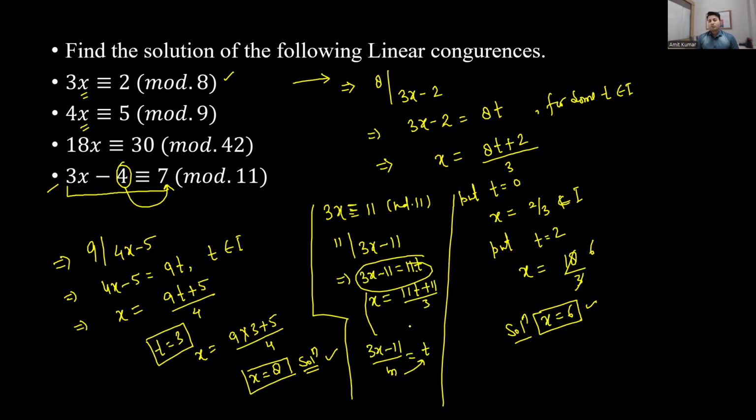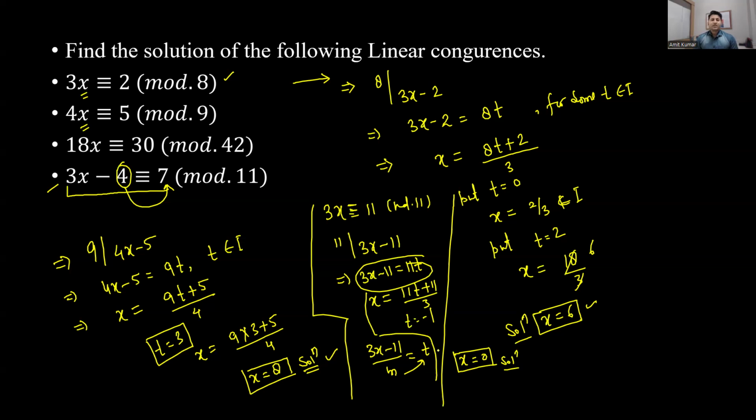We can put t as any integer. If I put t equal to minus 1, x comes out as 0, and 0 is an integer, yes. So this is how we can get the solution of this equation. This equation has x equal to 0 as a solution.